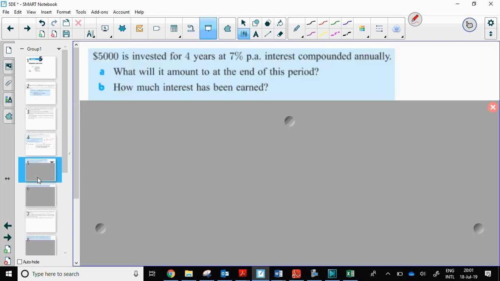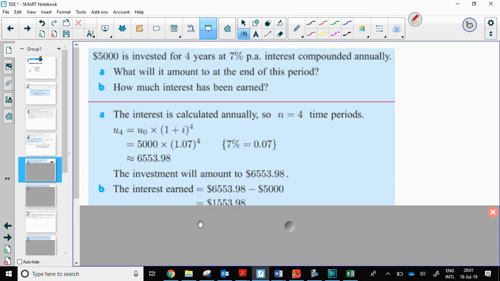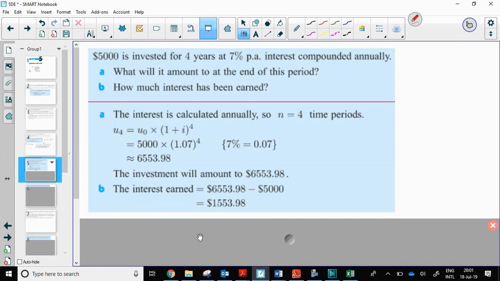Okay. So we're putting in 5,000, so that's our present value, and we know how many years, and we're told the interest and so on. So we're just gonna put this stuff into a formula. I hope that that makes sense.